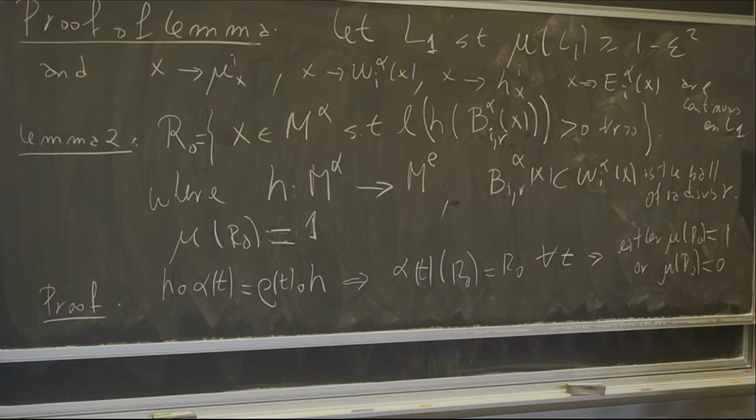Or if you want, we can assume by contradiction that this set has measure 0.